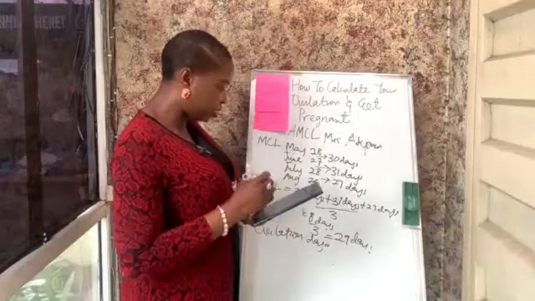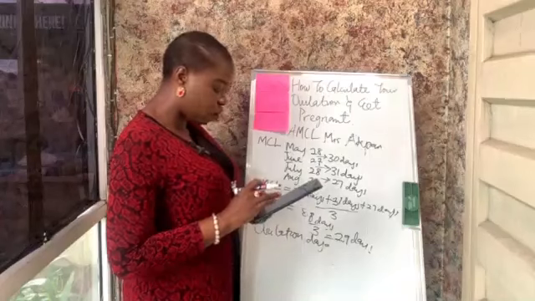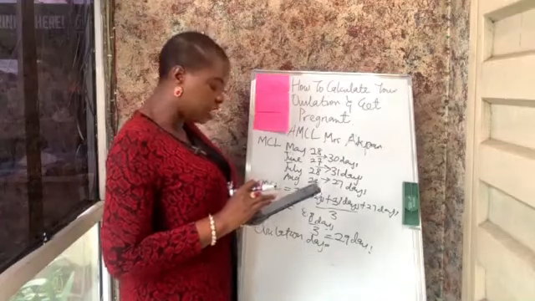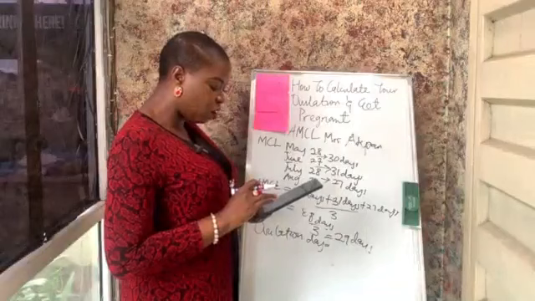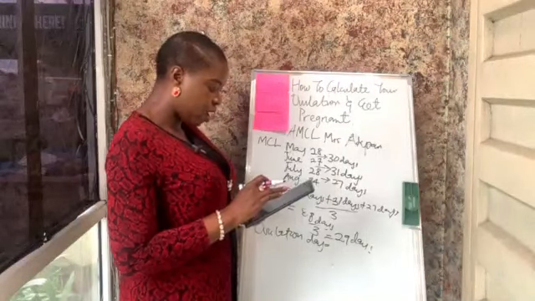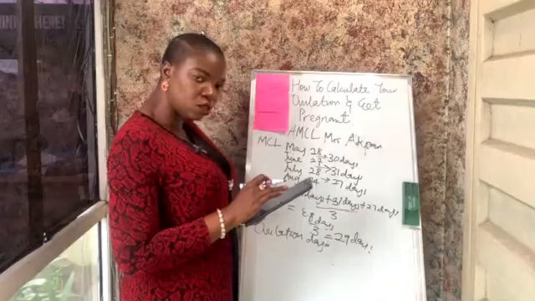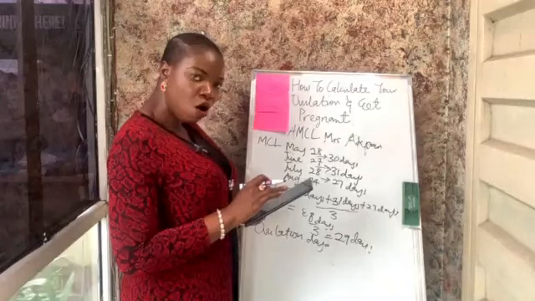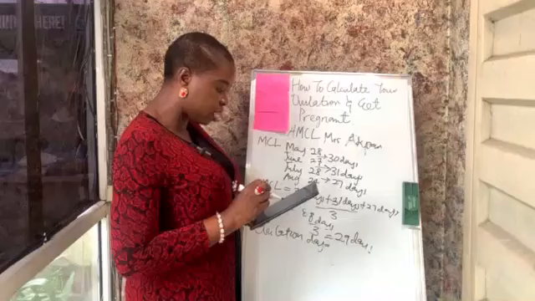The menses came yesterday, which was the 24th. Then by 31st, that will be 7 days. By 7th of September, it will be 14 days. Right? By 21st of September, it will be 21 days. So we can start counting from there.